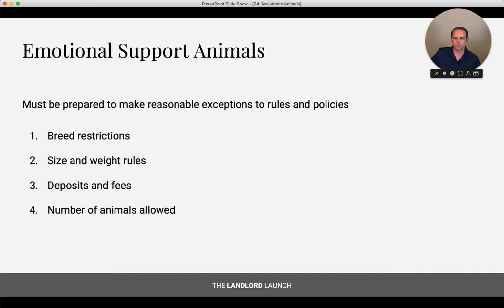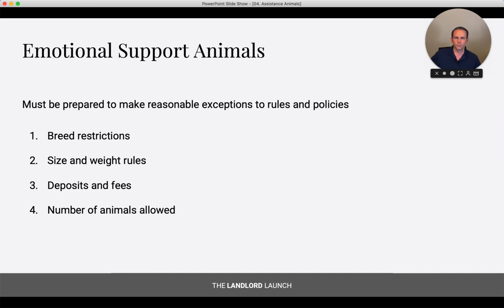Some of those have vicious breed restrictions. Size and weight rules. So if you have a 25-pound limit and they need an ESA Great Dane, you should be prepared to make an exception to that weight limit and allow that Great Dane in, although they exceed your 25-pound weight limit.